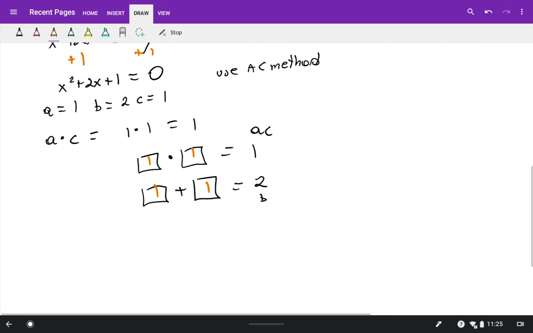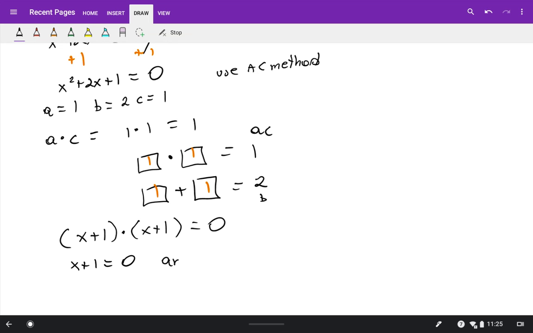Since the leading coefficient is equal to 1, we create two factors: x plus 1, which is x plus the first integer, times x plus 1 equals 0. Now we're solving two equations: x plus 1 equals 0, and x plus 1 equals 0.